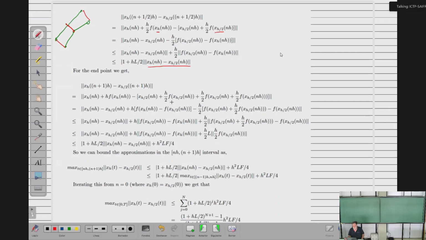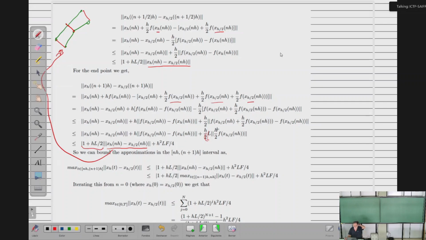So you go first to the middle point, and then you go to this, and this other, well, is a long calculation, but not difficult really. Then you use again the Lipschitz condition here, and what you get is this condition here. So we have this factor times the difference. Remember, this difference is this one here.